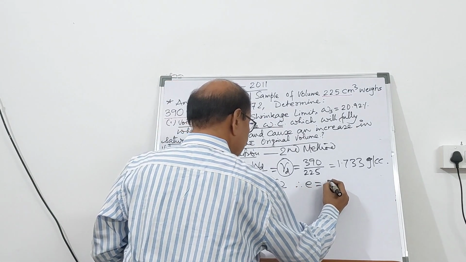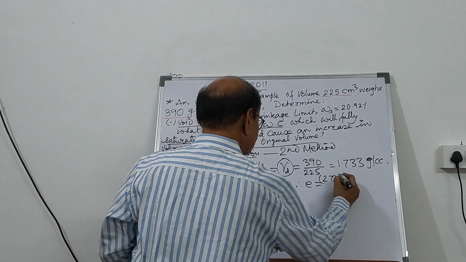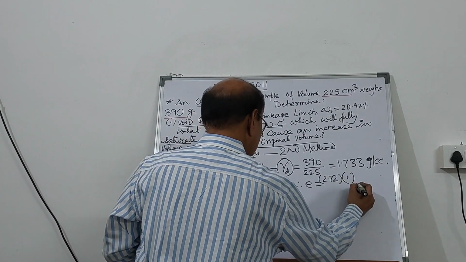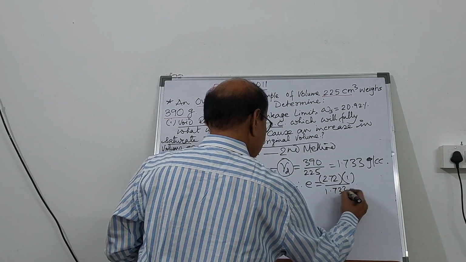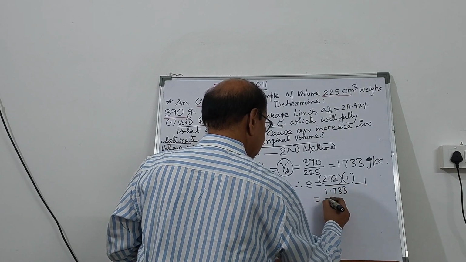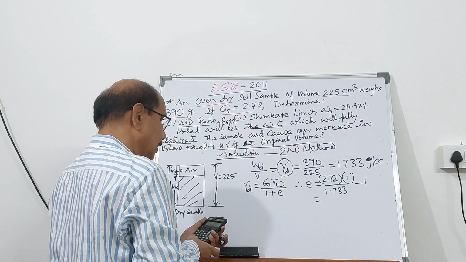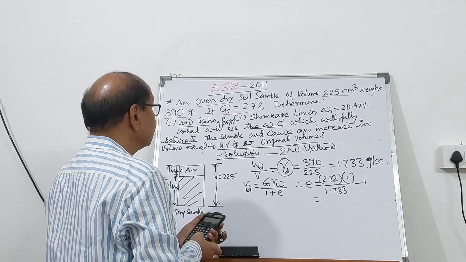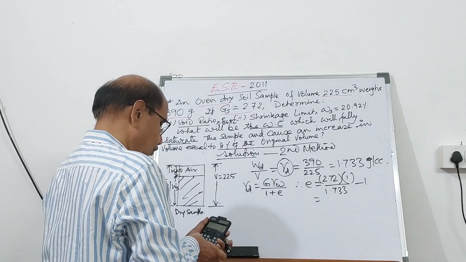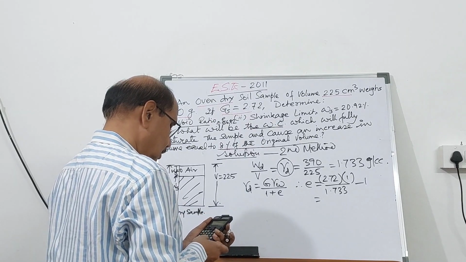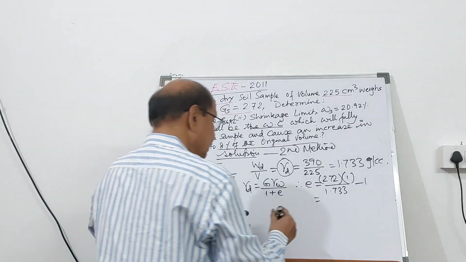Therefore, e equal to G, which is given to us as 2.72, into 1 divided by 1.733 minus 1, and this has given us 2.72 divided by 1.733 minus 1, which is 0.5692.